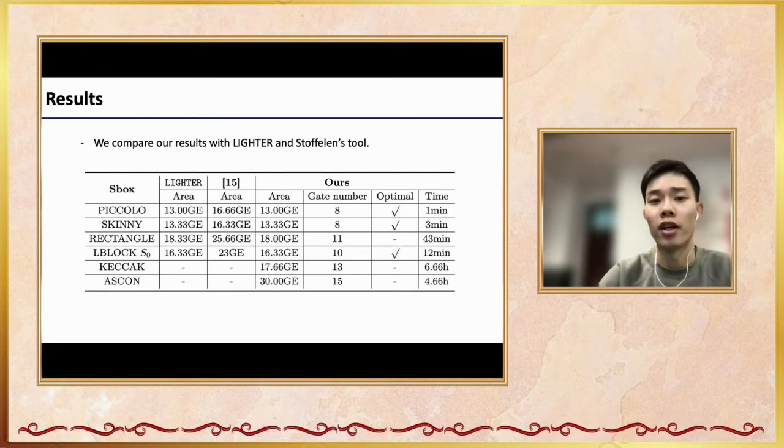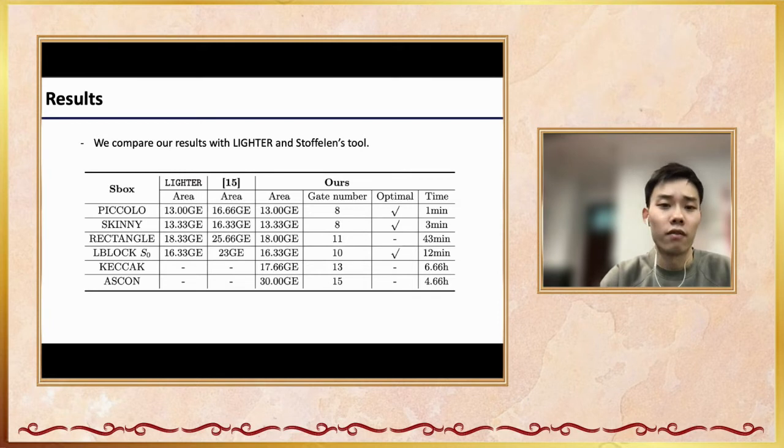Finally, we apply our method to many S-boxes and compare our results with the LIGHTER and Stoffelen's tools. We managed to find an improved circuit of the RECTANGLE S-box with 18 gate equivalent cost, which is better than LIGHTER's result.